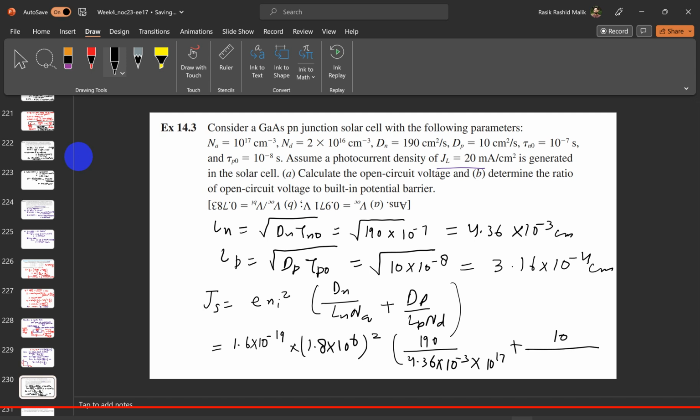Then we have Dp as 10 divided by 3.16 into 10 power minus 4, into the doping, 2 into 10 to the power 16. So let me calculate this value.